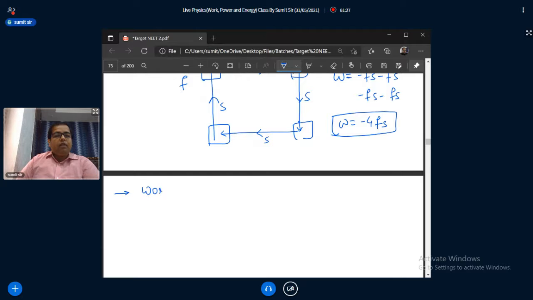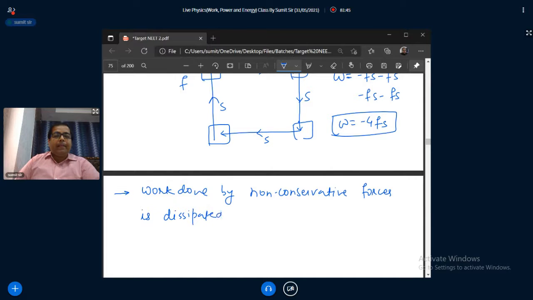Work done by non-conservative forces is dissipated. What is the meaning of dissipation? Dissipation means the energy is converted into such a form that you cannot retrieve the energy back.